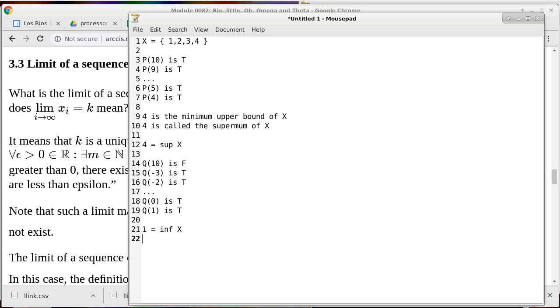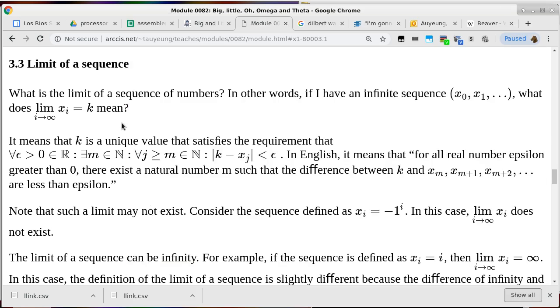So when we deal with a limit, this is getting back to pre-calc, okay? We have a lot of gibberish here. The gibberish is basically saying, if I use this notation, which is saying that if you take the limit as i goes to infinity, and that limit of x_i is k, what does that mean? Well, it means this is going to be true.